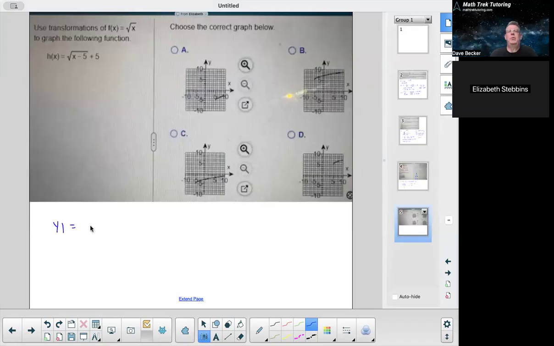Equals, and then do square root, and then remember where your x button is? Yes. Okay, x, -5, and then arrow out from under the square root to put the +5, and then hit graph.